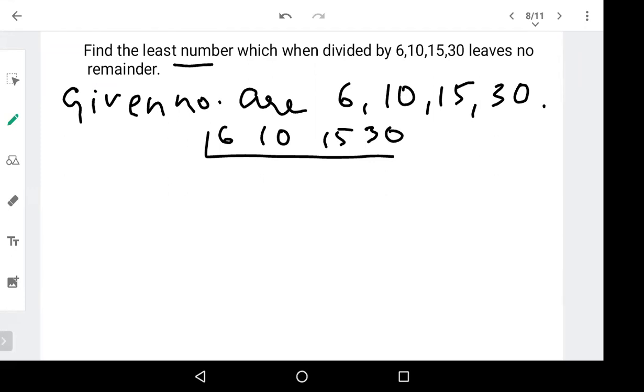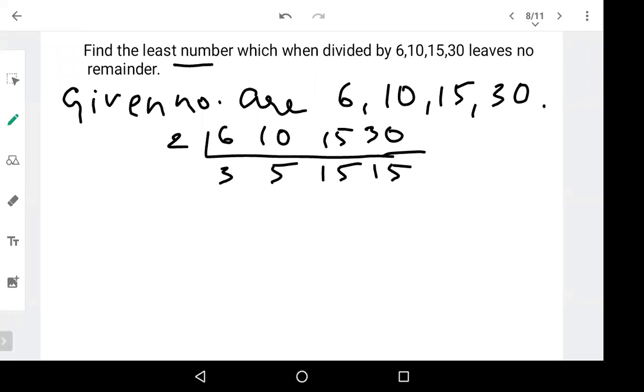Can you find the LCM and tell me the answer quickly? Use the division method. So we'll start with 2. 2 threes are 6, and then we have 2 fives are 10, 15 I can't do anything, then 2 fifteens are 30.